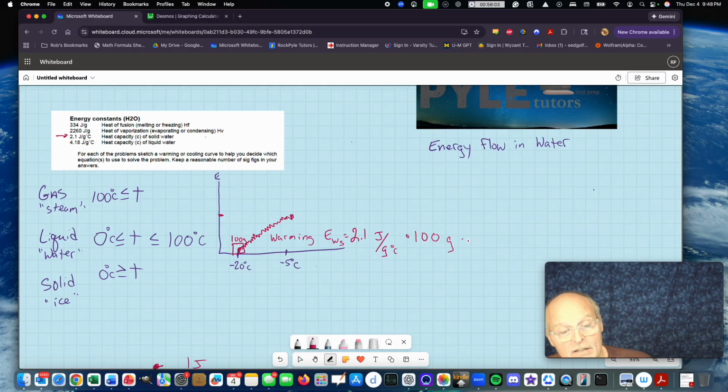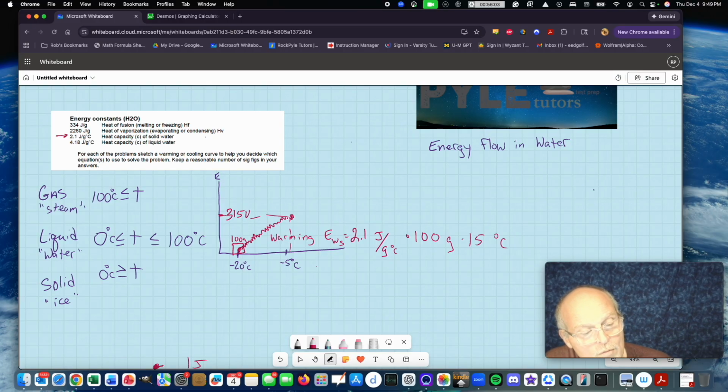I'm moving 15 degrees C. That energy that it costs me to make 100 grams of ice go from minus 20 degrees C to minus 5 degrees C is 2.1 times 100 times 15 is 3,150 joules.